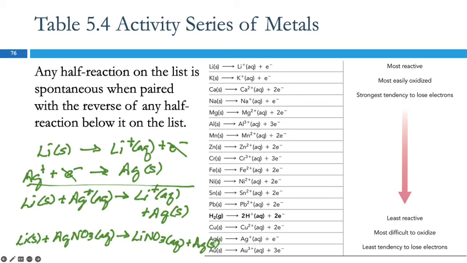So if the reverse happened and silver came by himself and lithium brought the date, would silver go home with the girl? No, because silver's still at the bottom of the list, and the girl's like, "No, lithium, he's the top guy. I'm going home with him," right? Just don't take all of this too far.